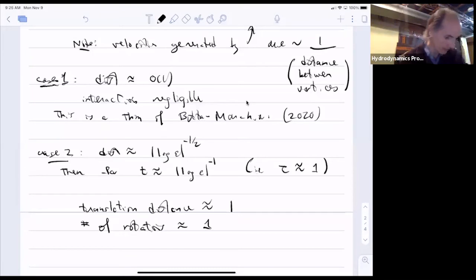And so this is the closest, rather the most distant distance at which we see a combination of translation and rotation in timescales of order 1. This is a setting where you might see the so-called leapfrogging.